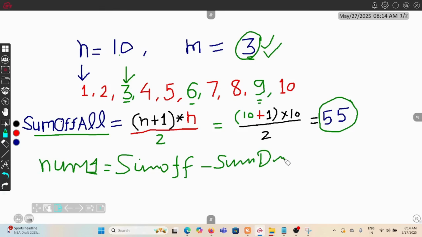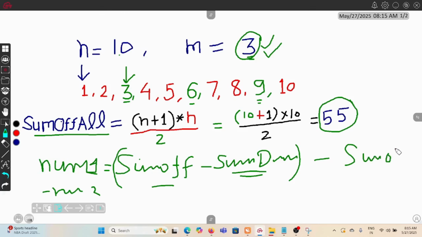So this would be the sum of all minus the sum of all divisible, which is basically our num1, right? Then num1 minus num2 would be the sum of all minus the sum of all divisible minus the sum of all divisible again, because the sum of all divisible is our num2, right?